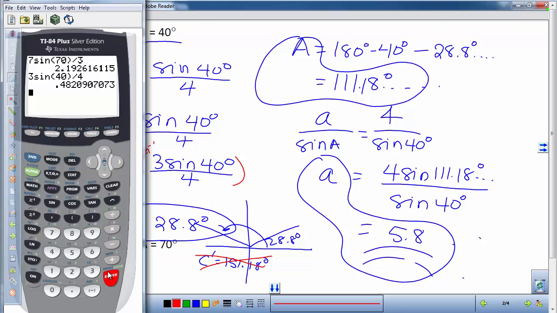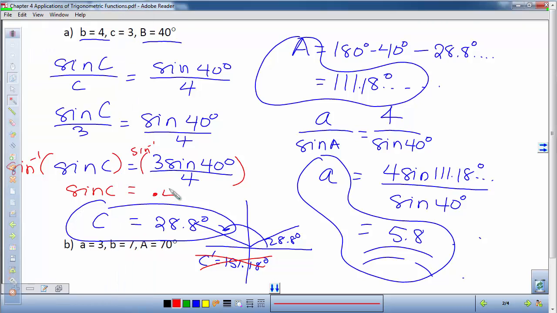So we get 0.482. Then we would say C equals sine inverse of 0.482. That's basically what we did. We just didn't find that this piece was equal to 0.482. My coffee is really working today, so I skipped that step. I'm sorry. So C equals sine inverse of 0.482, which is between -1 and 1, so that worked out fine.